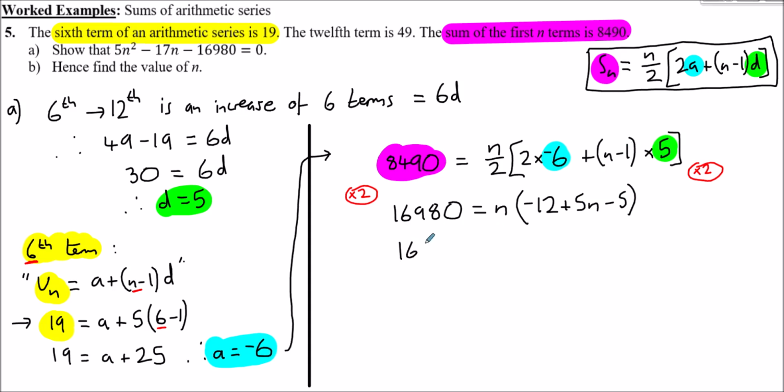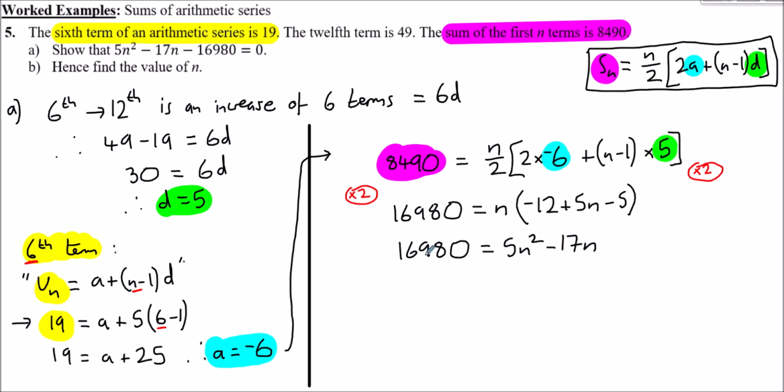So 16980. N times 5n gives 5n squared. The total of the negative numbers in these brackets is minus 12 minus another 5, that's minus 17. So n multiplied by minus 17 gives minus 17n.